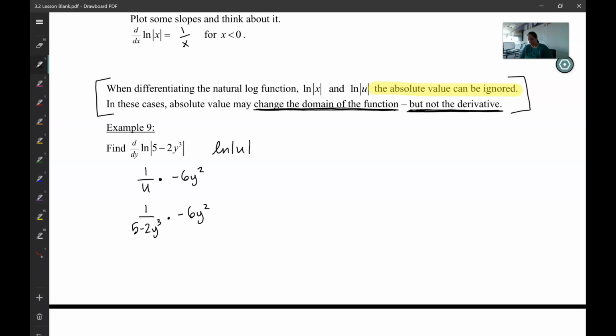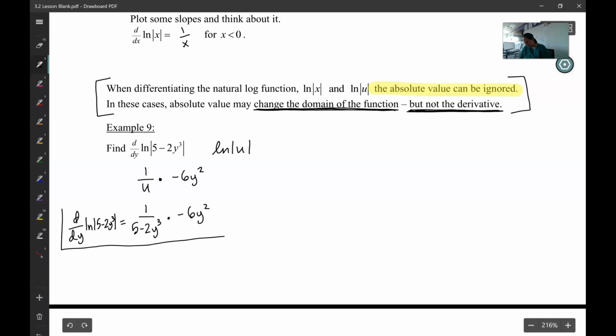And that's going to be my derivative. Notice the absolute value bars don't particularly matter when taking the derivative of this particular function. Let me label my answer correctly. And there we go.